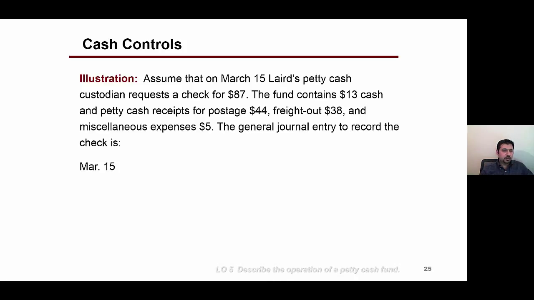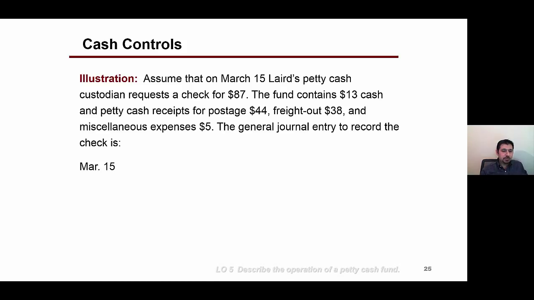The general journal entry to record the check will be: remember that when those transactions were made, no journal entries were made. We were only using those pre-numbered petty cash receipts to record the usage of that money. But when it reaches a low, the custodian will request a check to replenish it to its original state.